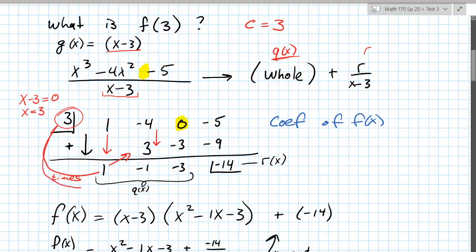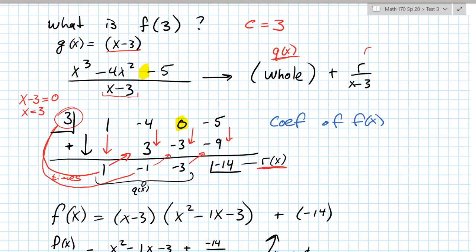Then 3 times negative 1 is negative 3. 0 minus 3 is negative 3. 3 times negative 3 is negative 9. And then negative 5 minus 9 is negative 14. This gives us our remainder, r of x.